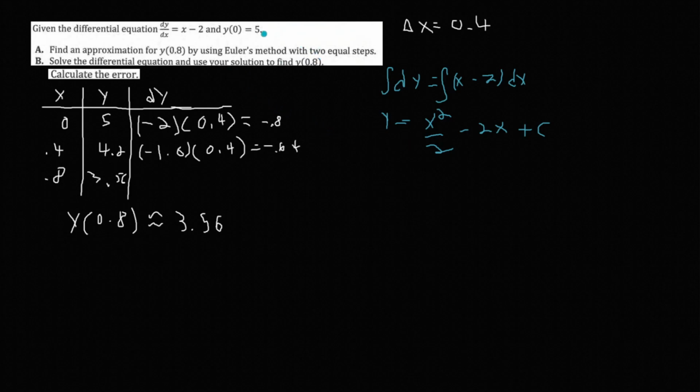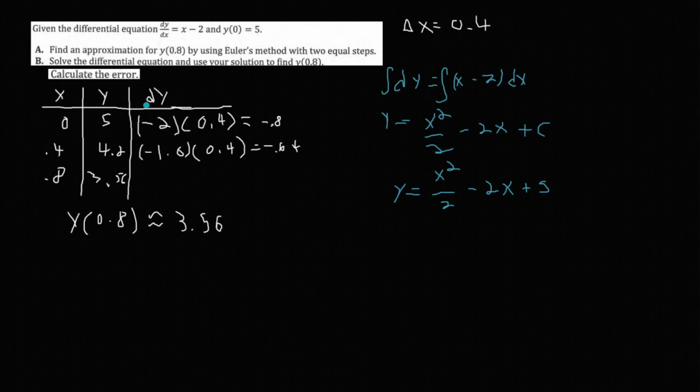But we know that y of 0 is equal to 5, so c is equal to 5. And so we just can say x squared by 2 minus 2x plus 5 is our y.